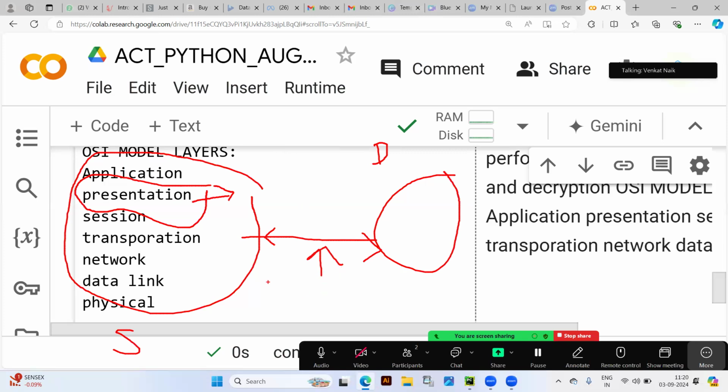To protect against this, before the data is transferred over the network, the presentation layer will encrypt your data. Once it is done, your user ID and password will be converted into another form, a ciphertext form, which is not understandable to the hacker.